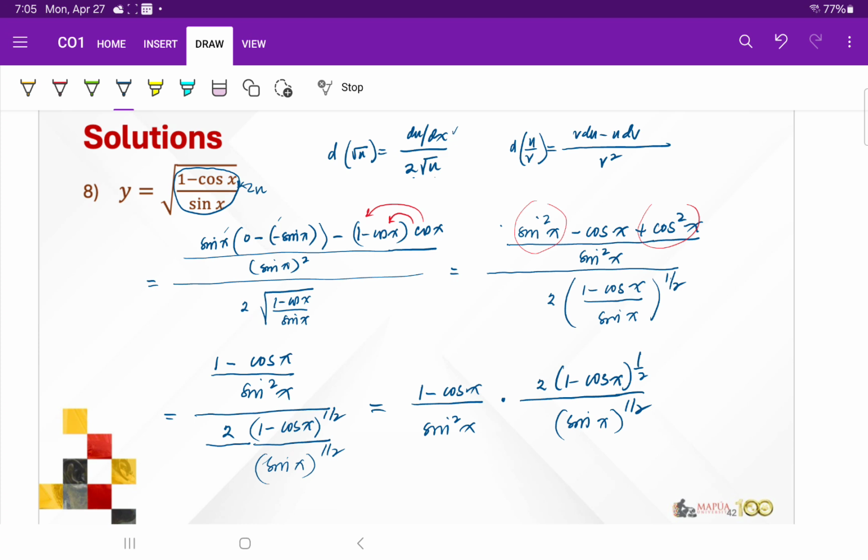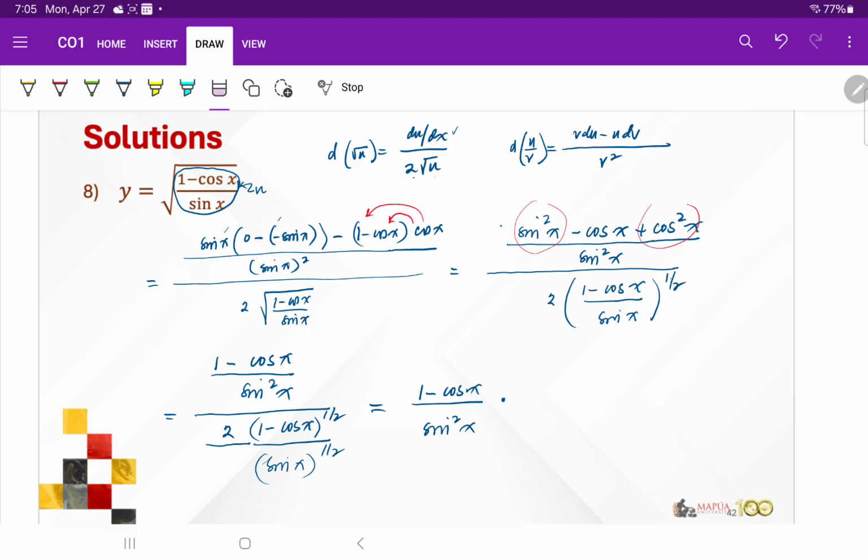Two times, in the numerator we should have it the other way around. This is wrong.